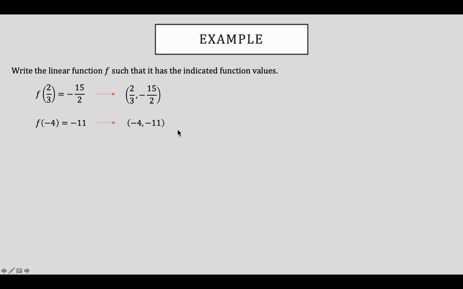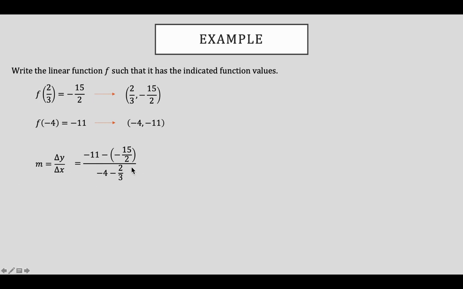Now, in order to write an equation of a line, we must have a point and we must have a slope. Well, notice here we have 2 points. Let's find our slope. Slope is equal to delta y over delta x. That's -11 minus a -15/2 divided by -4 minus 2/3.